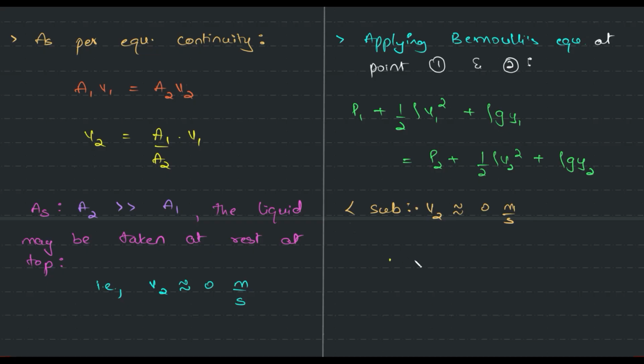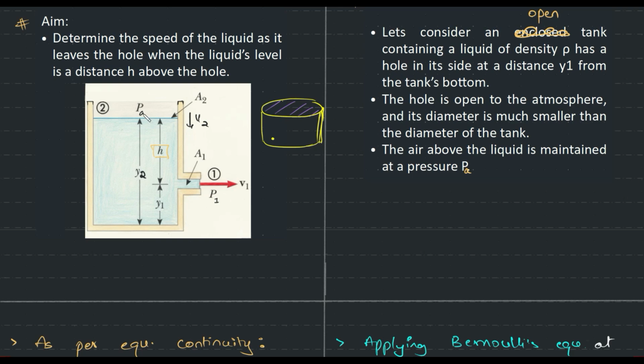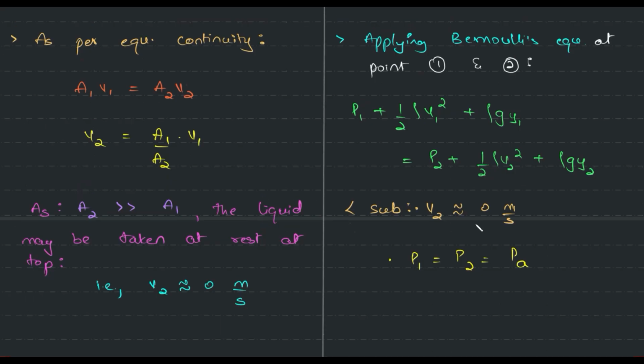Then we have P1 is equal to P2. Both are exposed to atmosphere. So this is PA, pushing with atmospheric pressure. This is also pushing with atmospheric pressure PA. The tank is way smaller than the atmosphere, so this height difference h is negligible when it comes to the atmosphere. So both are exposed to the same pressure, and that is atmospheric pressure.